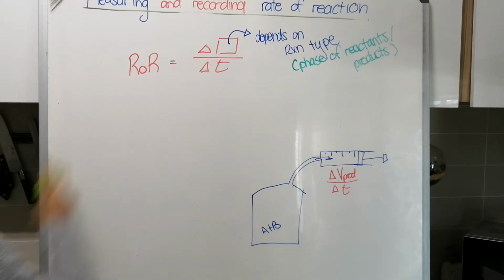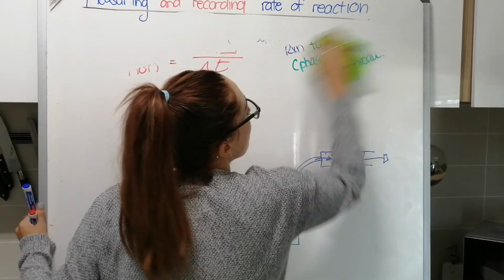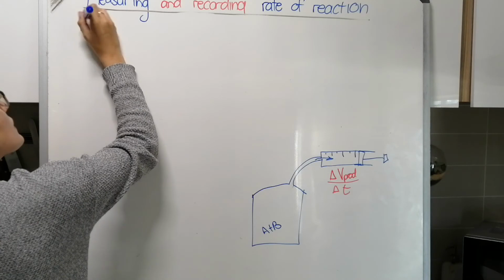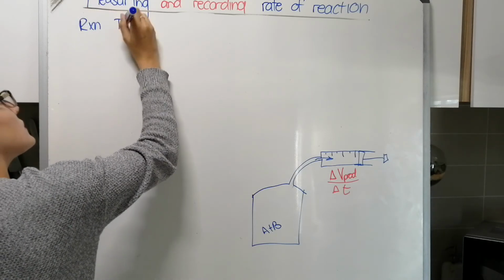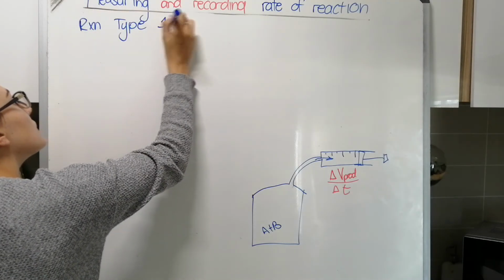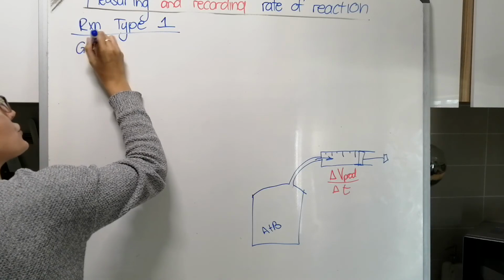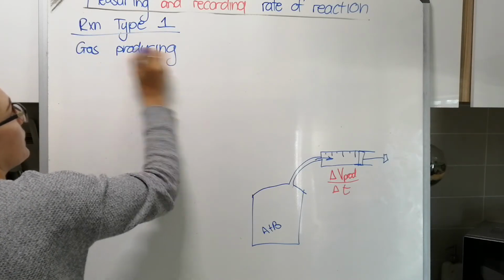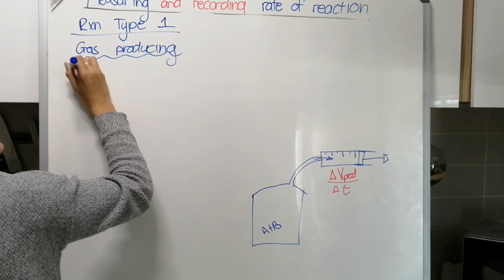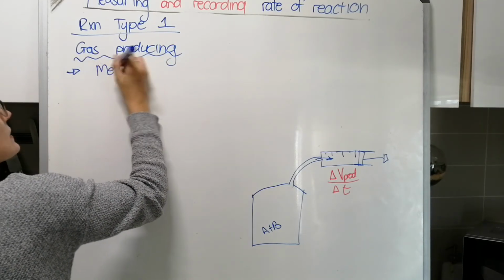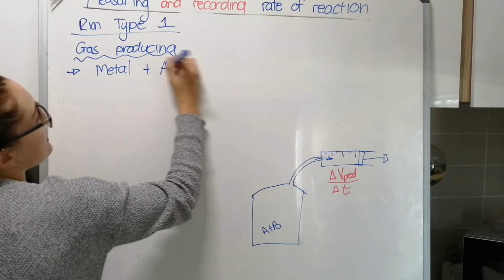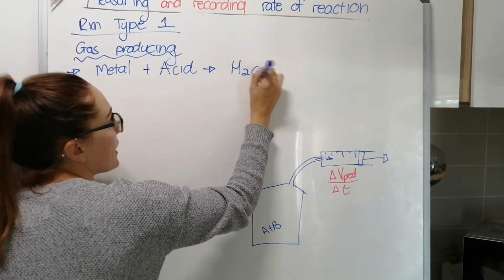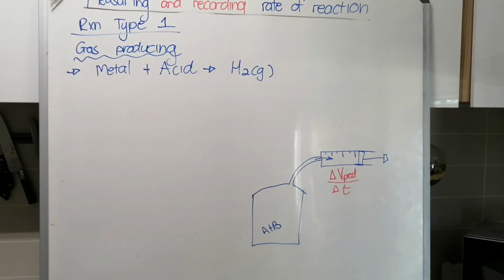Okay, so one type of reaction is the gas producing type. Examples of this are, what did we say, metal and acid. That produces more than just hydrogen gas, but hydrogen gas is one of the products.